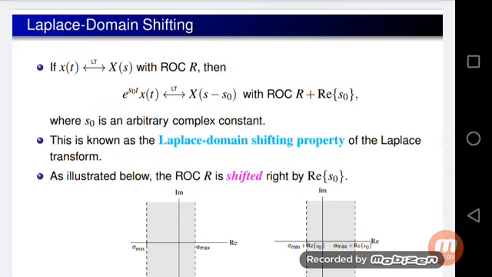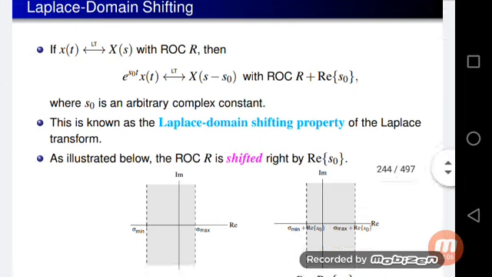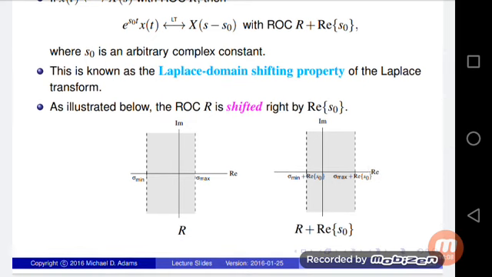As illustrated below, the ROC is shifted right by the real part of s naught. Here, when we are observing R plus the real part of s naught, there is only a single R function. The signal will move to the right-hand side when we are increasing the real part.